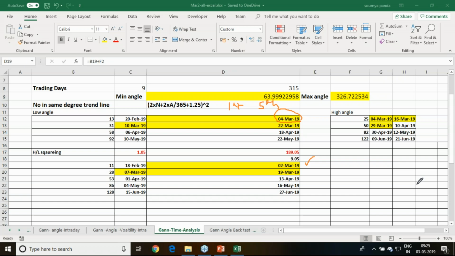On 5th March, whether it is a positive trend closing or a negative trend closing, that is important. So you need to understand that the high-low squaring method will give you the trend reversal dates in this order.